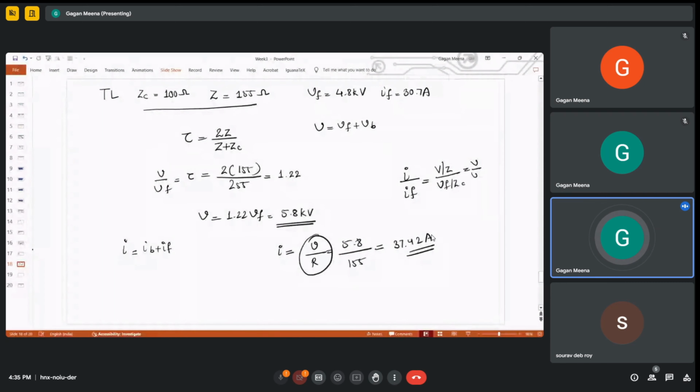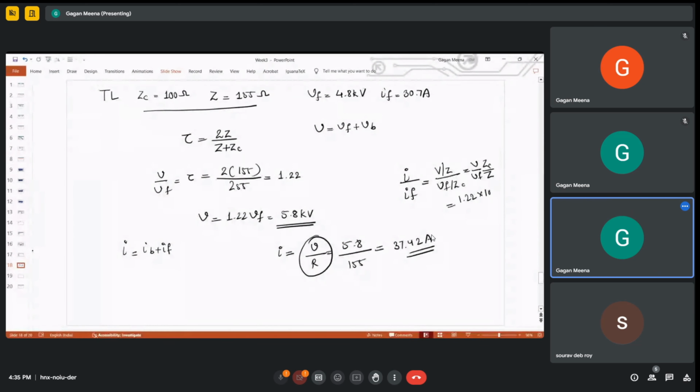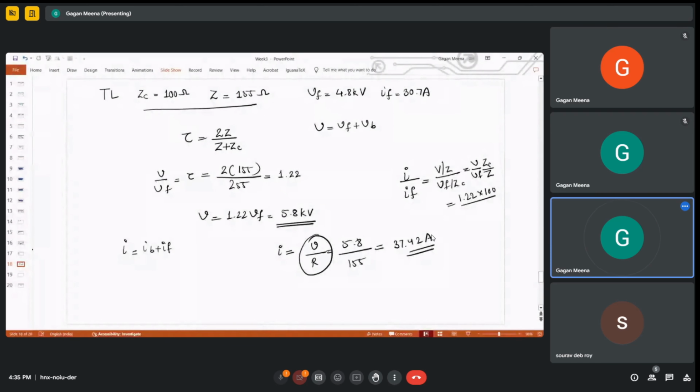It becomes V by VF into ZC by Z, yes, this is also correct. V by VF is 1.22, into ZC, 100, divided by Z.